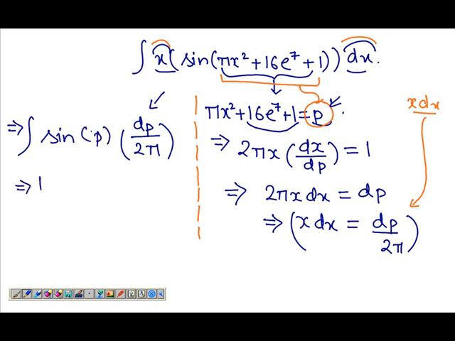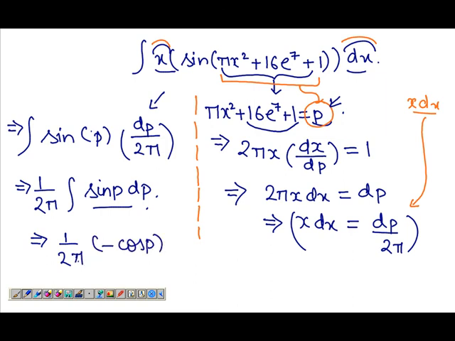And 1 over 2 pi is just a constant, so it comes out of the integral, sine of p dp, and I hope you know the integral of sine of p. It's negative cos p plus c. Okay, and that's the answer.